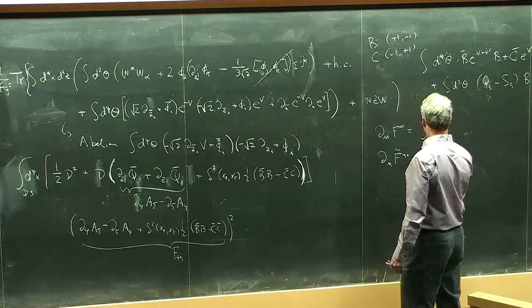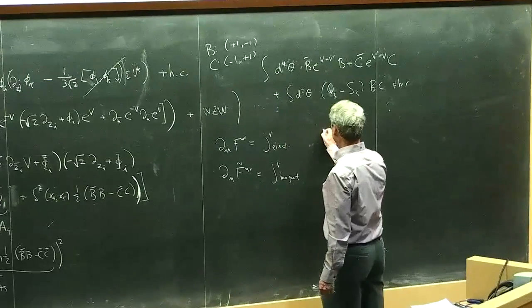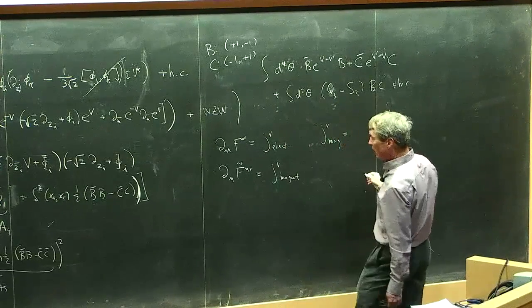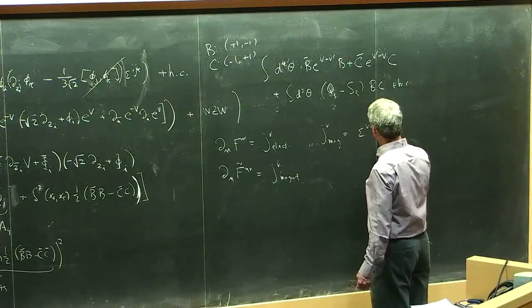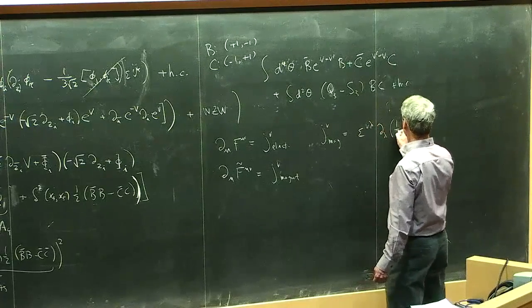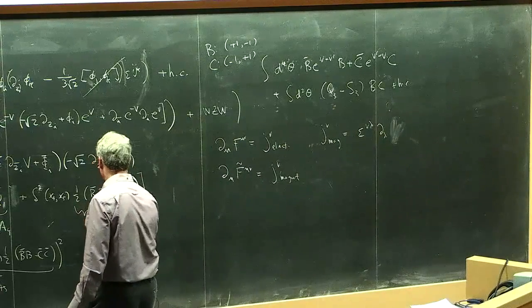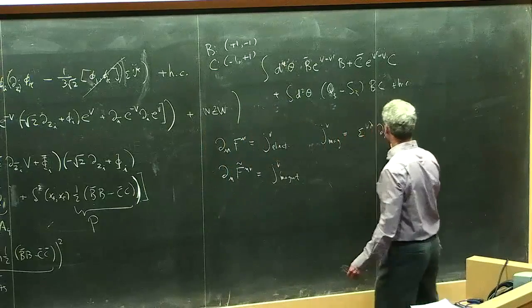It's J nu magnetic, where J nu magnetic is epsilon nu lambda, partial lambda. Actually, I'm going to call this combination here P. P is basically the hypermultiplet contribution to the D term.